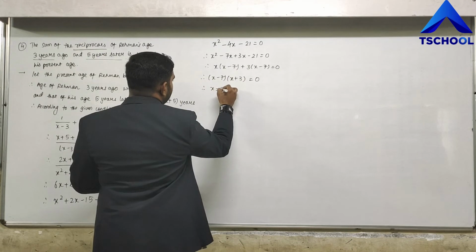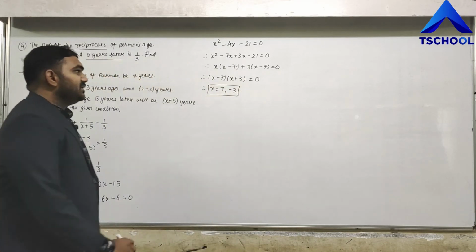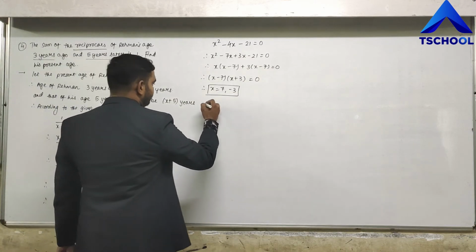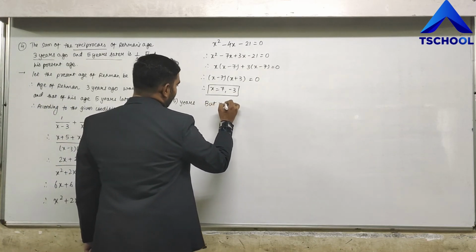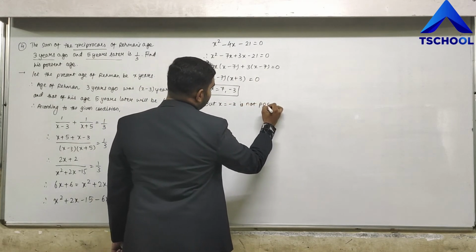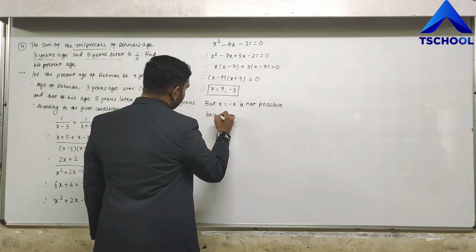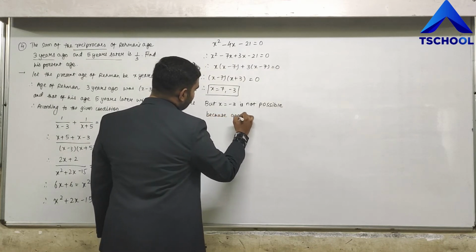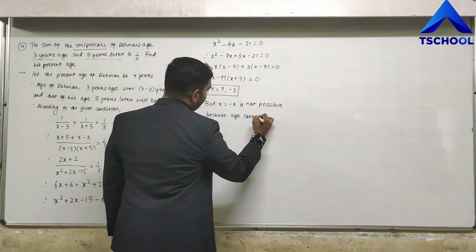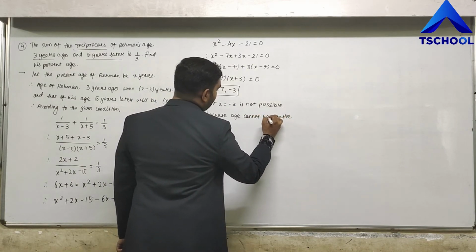Hence, x equals 7 or minus 3. But x equals minus 3 is not possible because age cannot be negative, right?